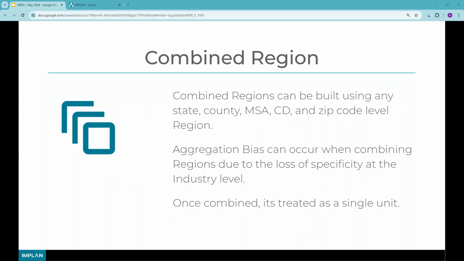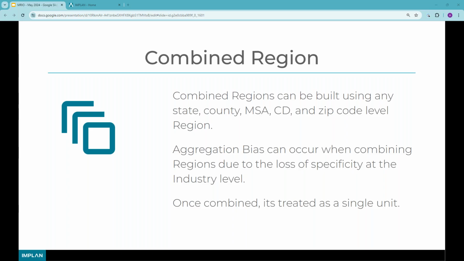So one thing that people often get confused about is combined regions. In IMPLAN, you can create any combined region using state, county, MSAs, zip codes, CDs, so long as there is no overlap between those regions, or parent-child relationships as we like to call them. Meaning that you cannot combine Cook County, Illinois with the state of Illinois as it's already included in the state.